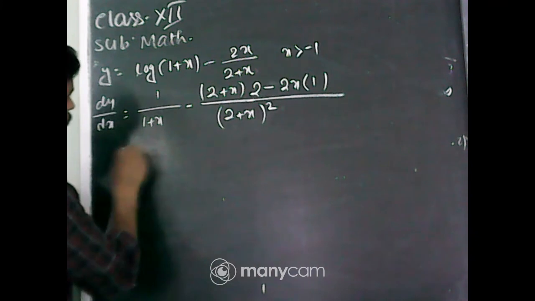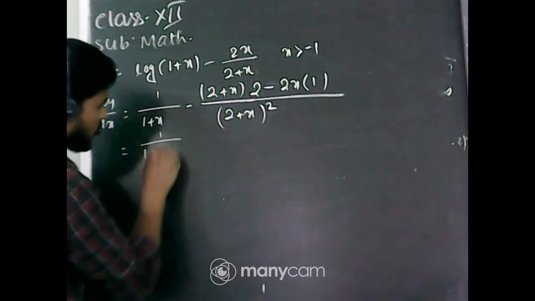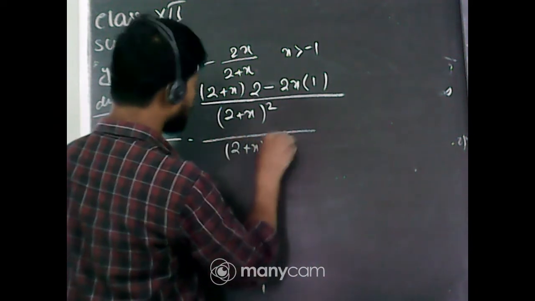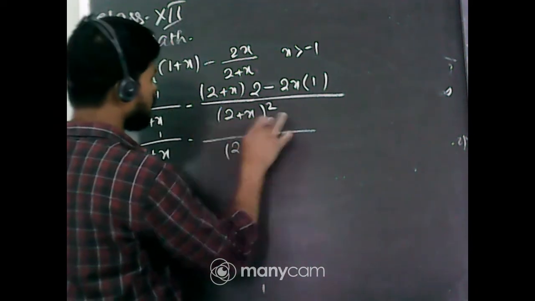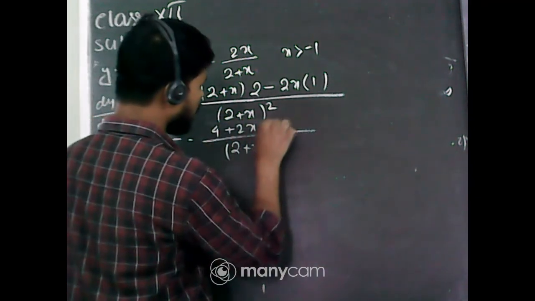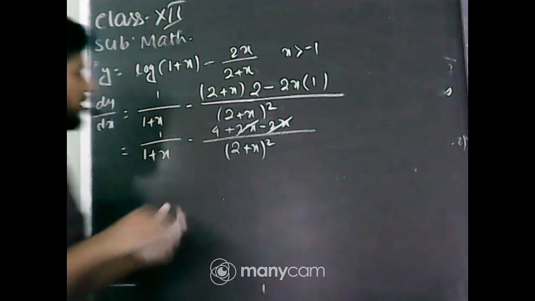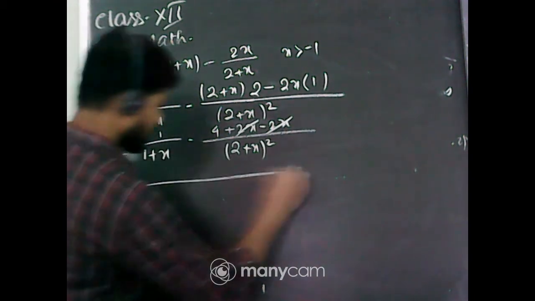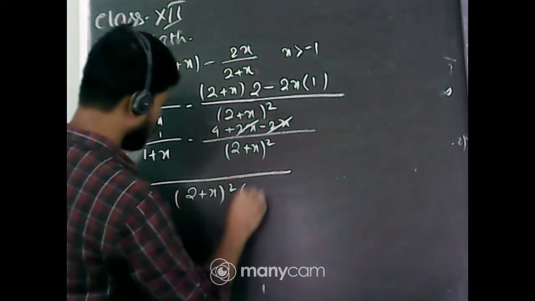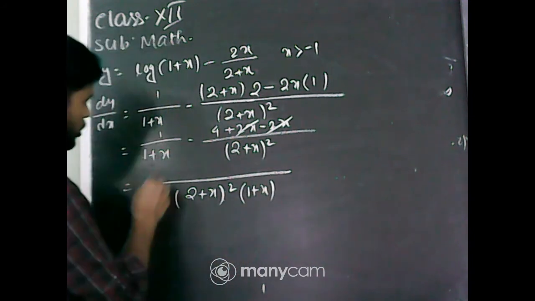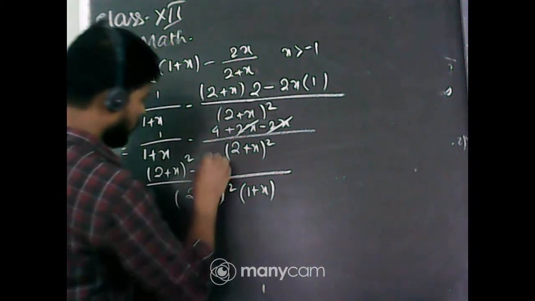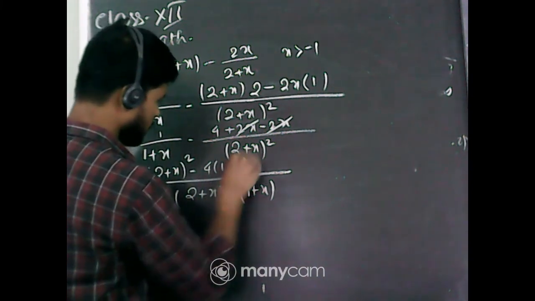Okay, so finally we have 1 by 1 plus x minus 2 plus x whole square, and if we do the calculation here, it will be 4 plus 2x minus 2x. So this plus 2x and this minus 2x will cancel each other. That means it is (2 plus x) whole square into (1 plus x). That will be (2 plus x) whole square minus 4 into (1 plus x).